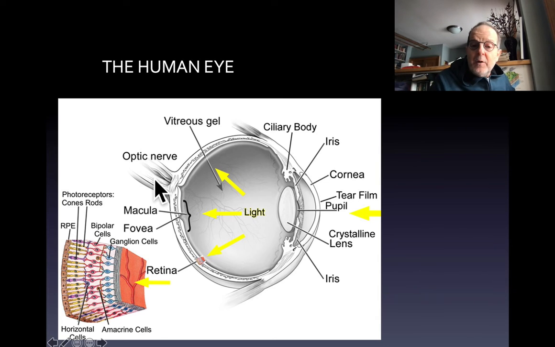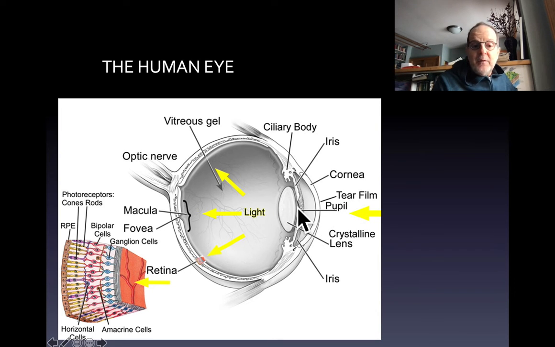And what we see here are the basic parts of an eye, where we have a film of liquid tears that cover the cornea, protecting the eye. Then we get into the iris, which has the ability to protect, again, the lens, and is able to expand and contract with the pupil, allowing more or less light to hit the lens.